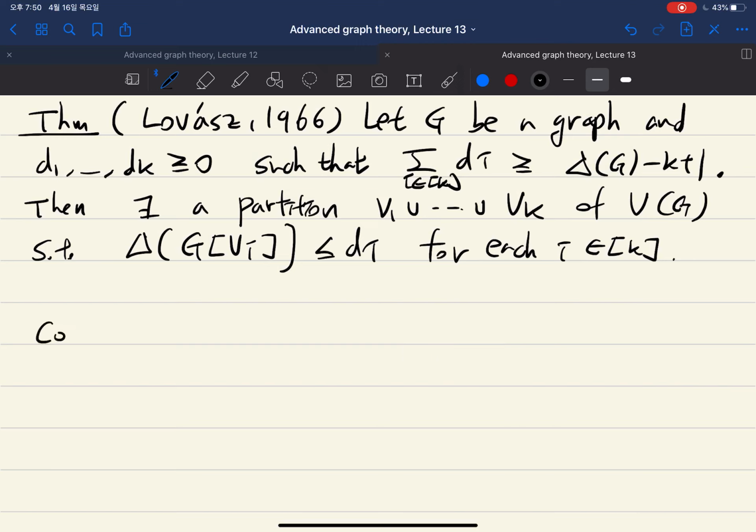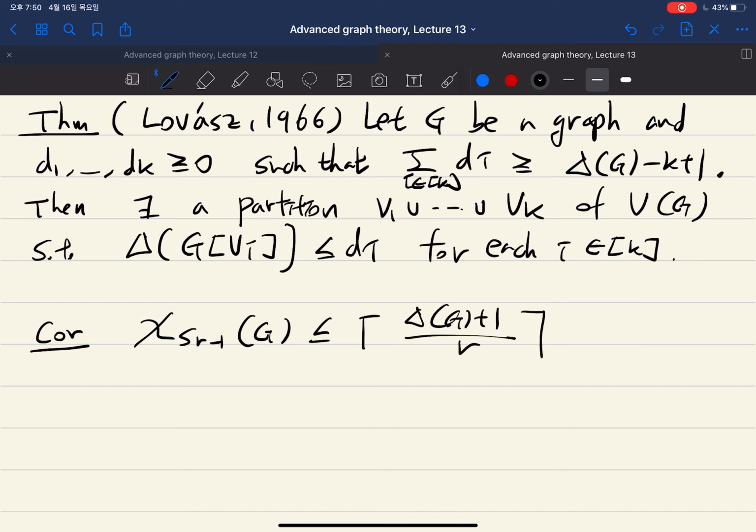Then what happened? As a corollary, we directly get this upper bound. How? We take d_1 to d_k all equal to r minus 1, where k is the ceiling of (delta of G plus 1) over r.